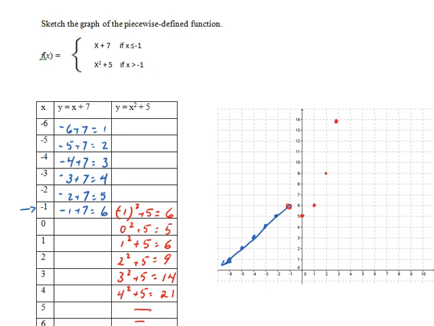And so when I connect with a smooth curve from negative 1, 6 all the way around to 3, 14, I get this curve. So there is no break in the function this time, since both definitions applied at negative 1 gave the value of 6 for the function.